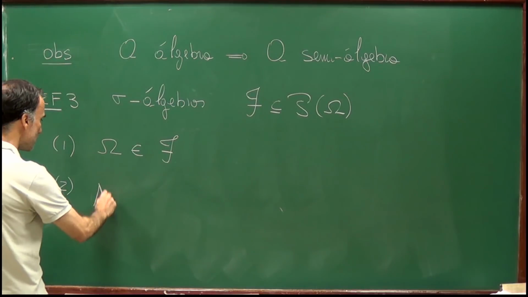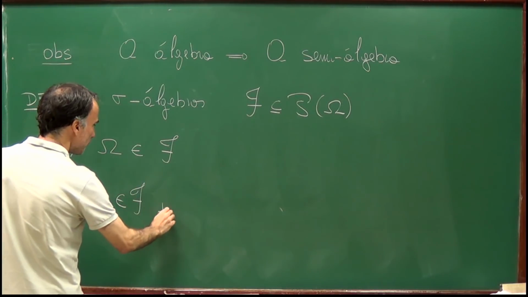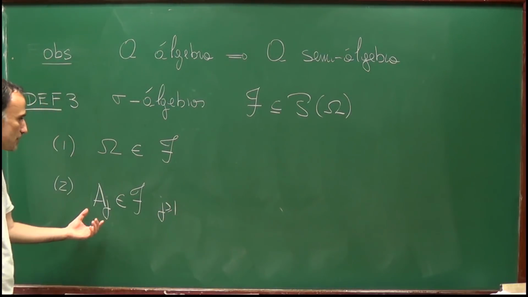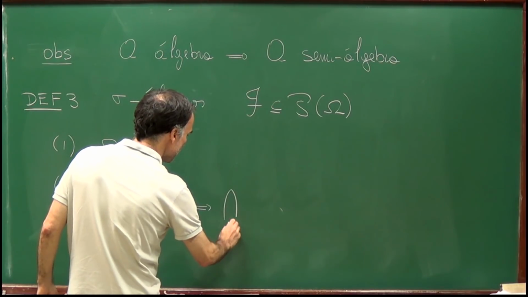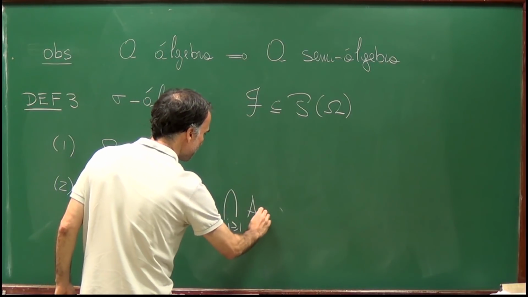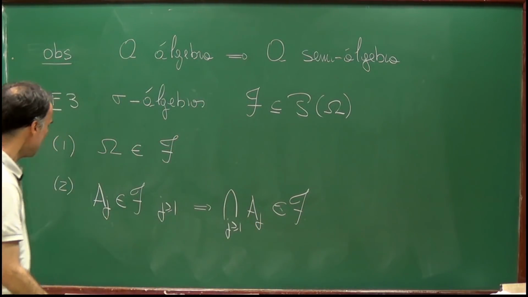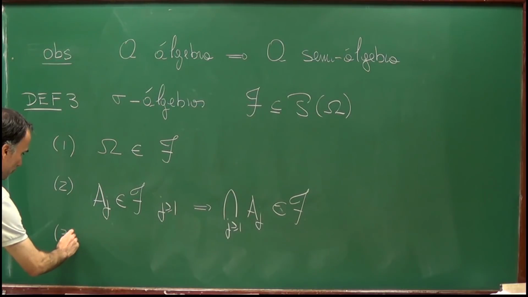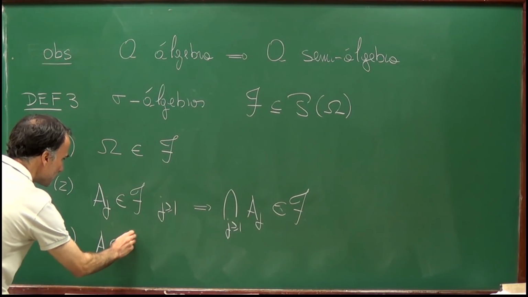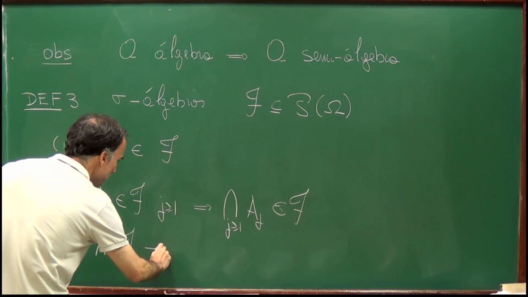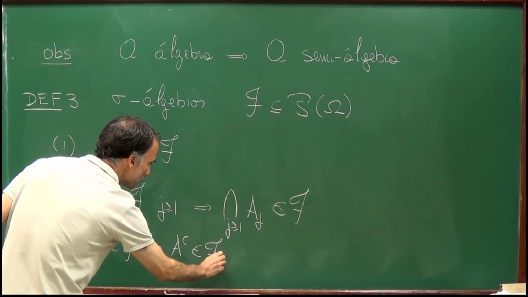So I'm assuming that if A_j belongs to F for a countable family of sets, then the intersection of all A_j belongs to the class F. While we keep the third property, which is that if a set A belongs to the class F, then the complement of A also belongs to the class F.